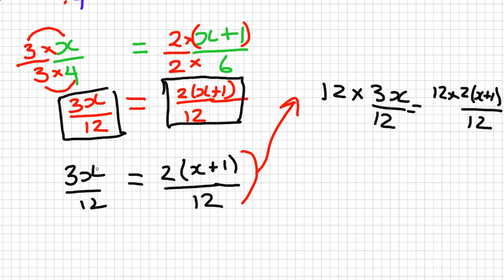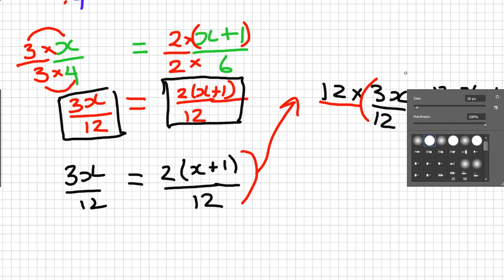So just to be clear, this is like back when we started. We're getting rid of this 12 on this side of the equation by applying inverse operations. We have a divide by 12, so we are then going to times everything by 12, which is what we've done here. 12 times 3x over 12.